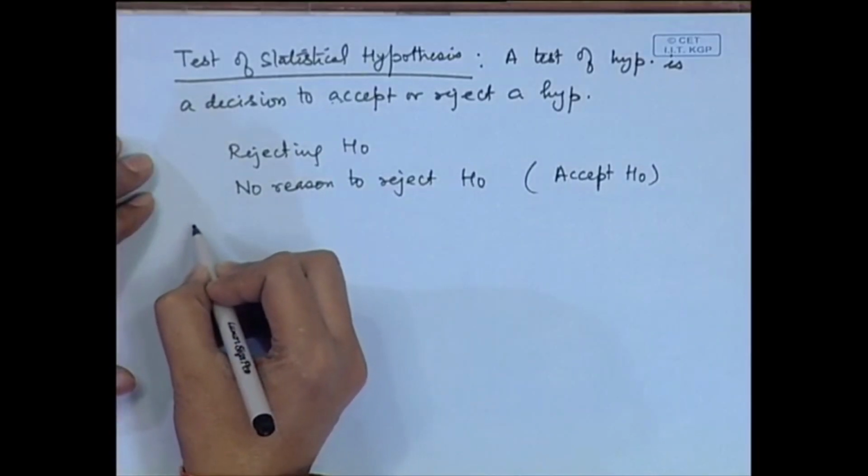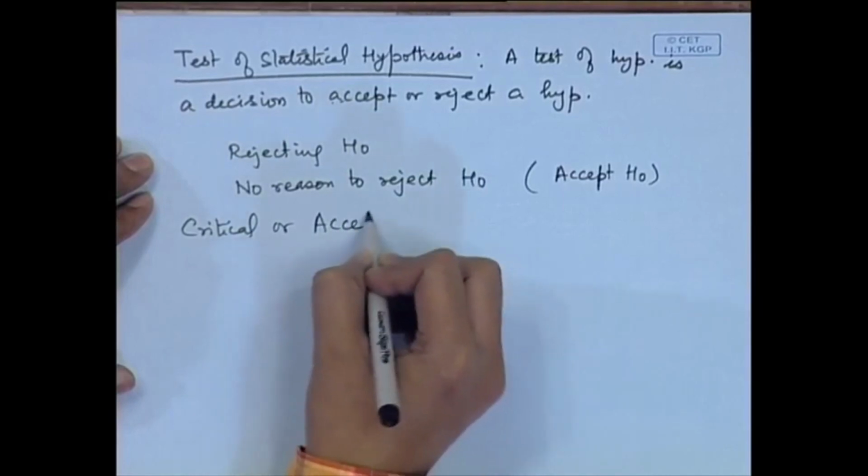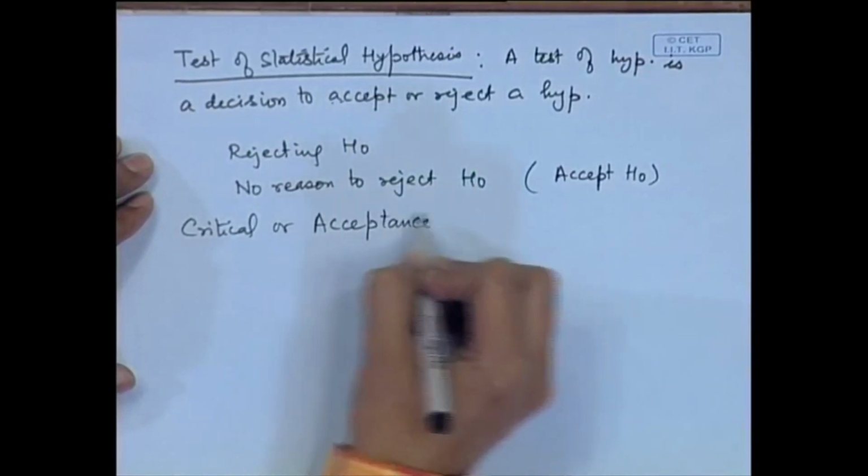So, now a test, which we are saying is a decision procedure to accept or reject a hypothesis, is based on the sample. So, how is it giving you the decision? Let us see that. So, we have the concept of a critical or acceptance regions.